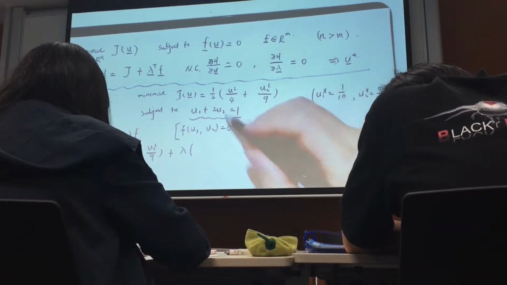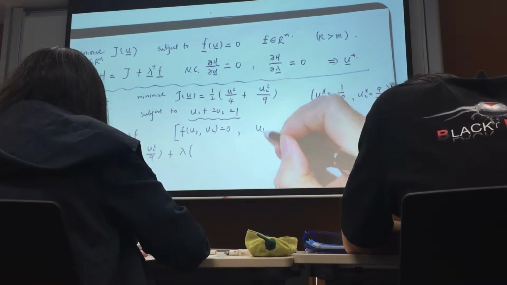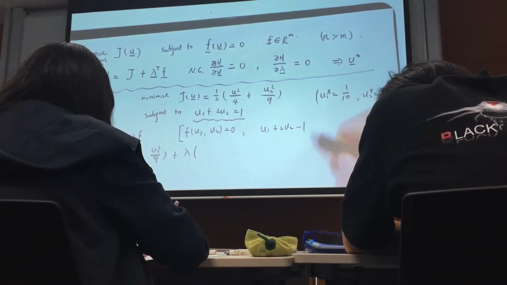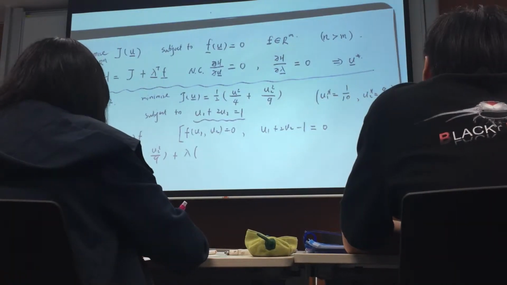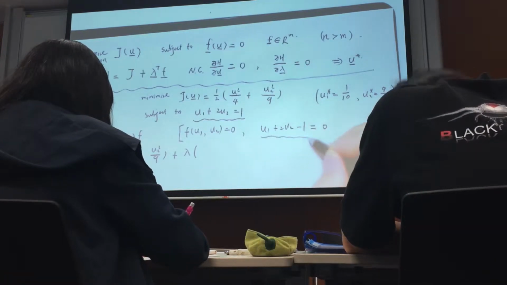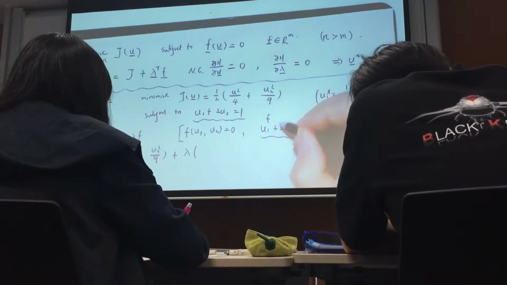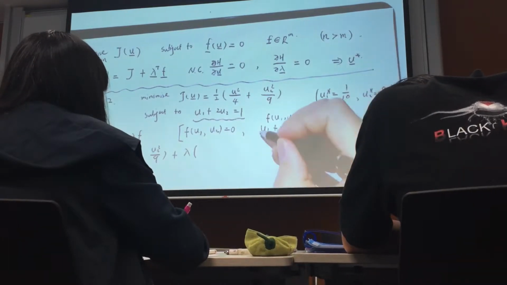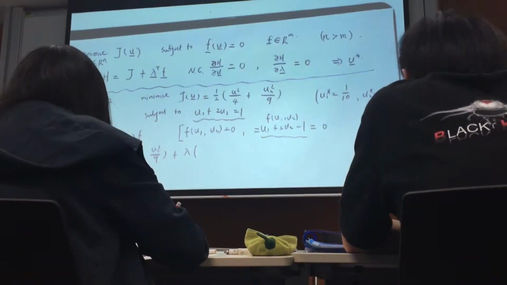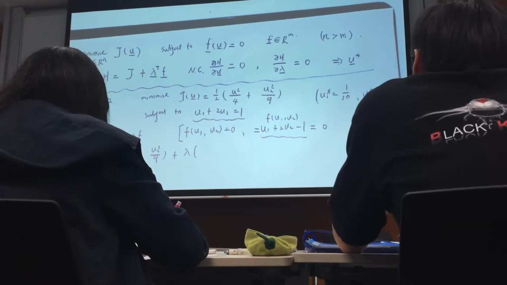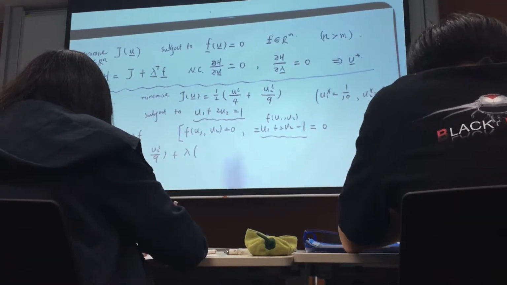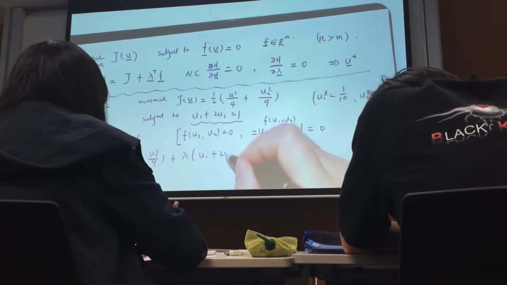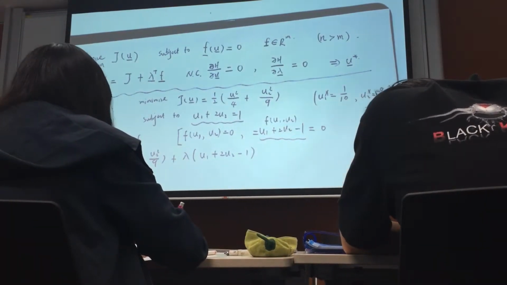It's quite easy. It's just U1 plus U2 minus 1. This will equal 0. So we know this will become our f(U1, U2). So we can put lambda times f, so lambda times (U1 plus U2 minus 1).